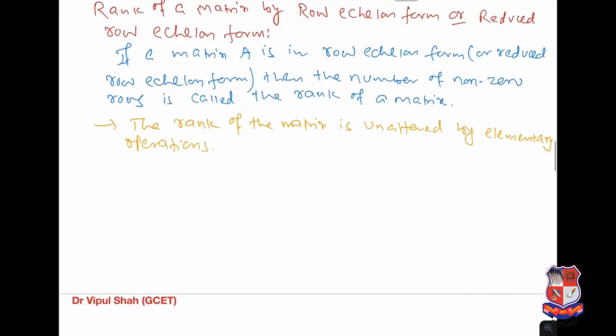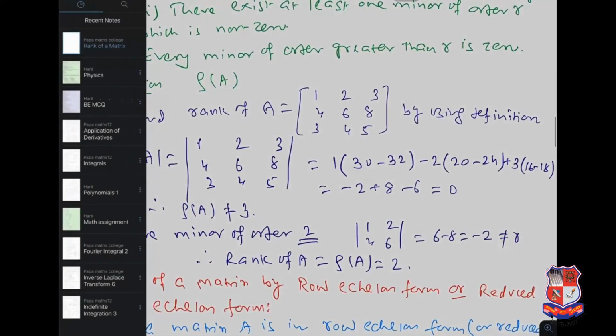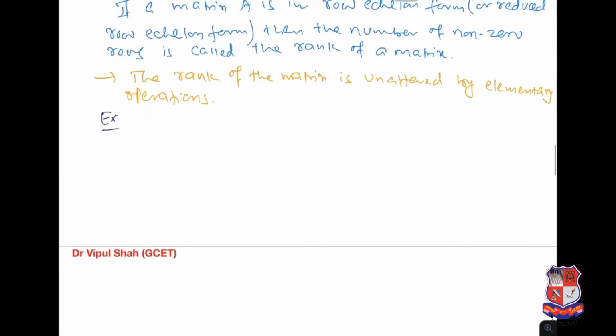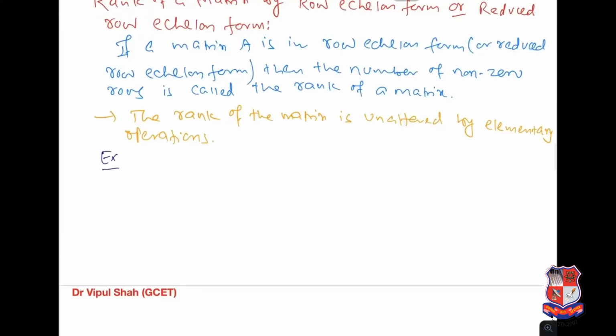So let us now solve the example here. Let us take the same example we had taken. Let us find the rank of A by reducing to row echelon form.